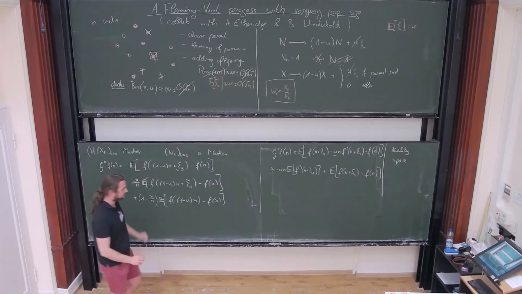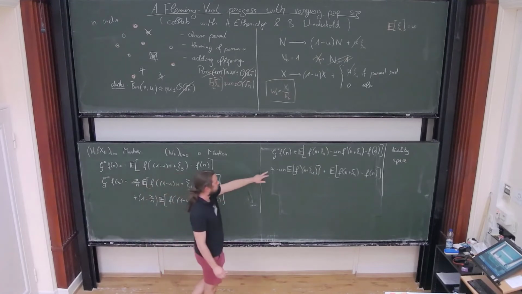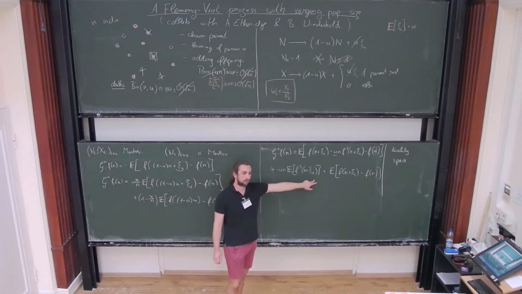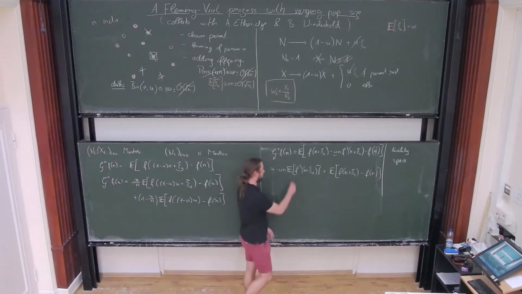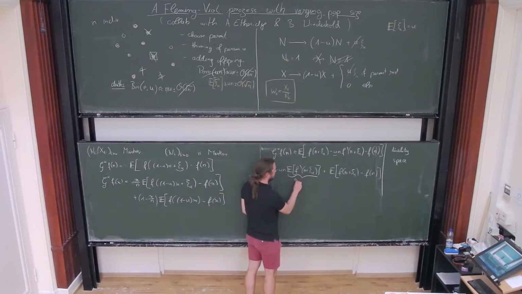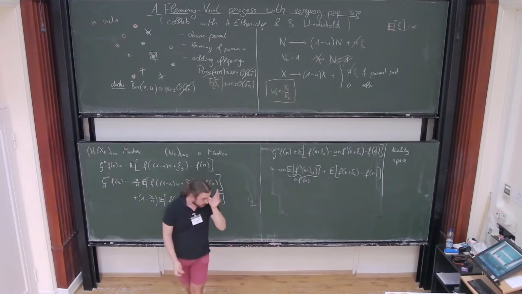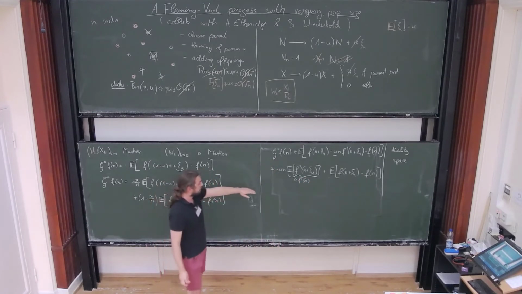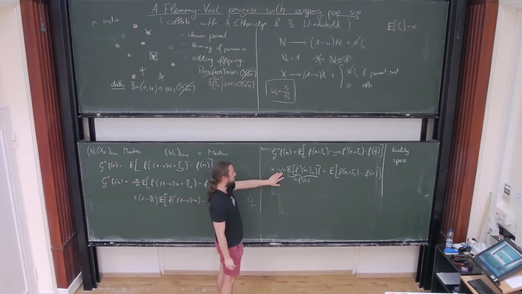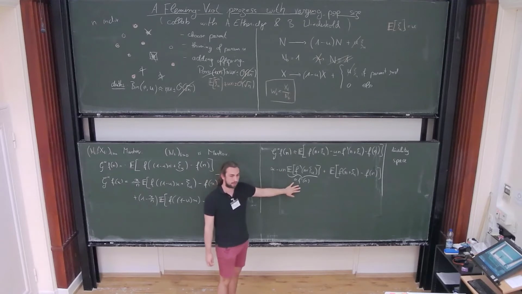So an expectation is balanced. That means when we take U to 0, psi U will also converge to 0 in some sense. So this term is just approximately F prime of N. Okay. So this first term, we can understand it as being U for the time scale and being some sort of exponential drift to 0.